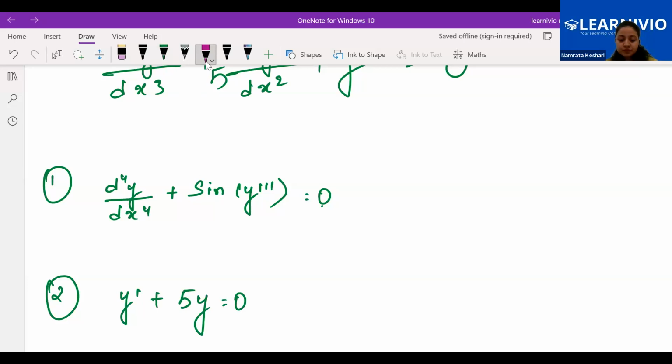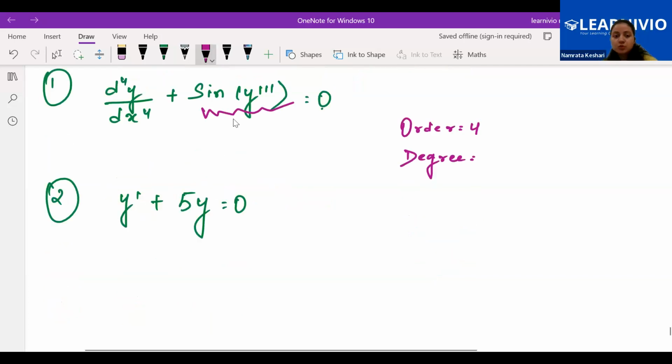Order is 4. And degree? Not possible. Obviously, it's not a polynomial function, so we won't be able to define the degree. Let's do the next one.